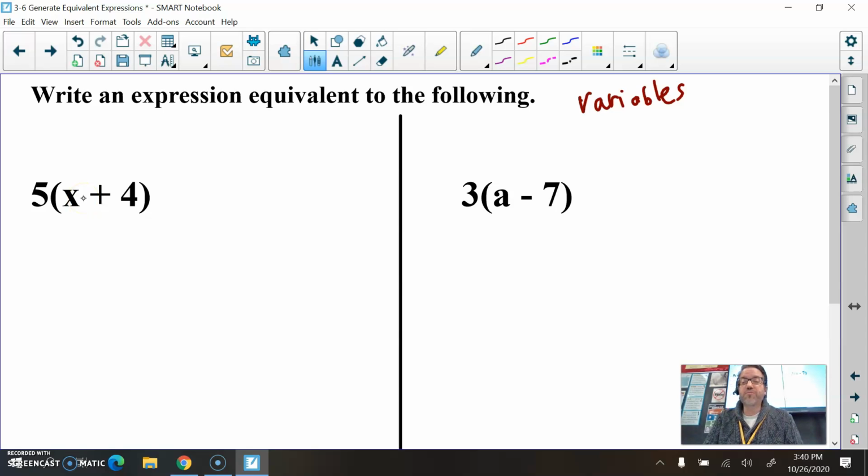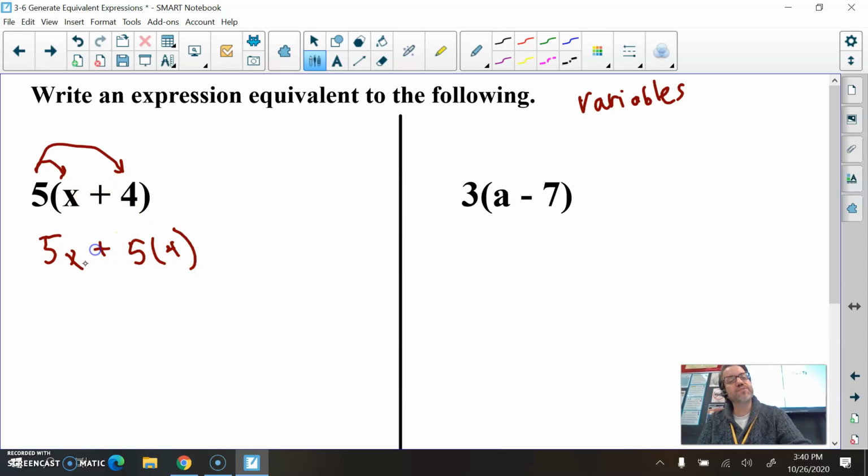Okay? So when I have 5 times the quantity x plus 4, I'm going to take 5 times the x. I'm going to take 5 times the 4. So 5 times x, that's just 5x. 5 times 4. And then here I have plus, so I'm going to add these results together.